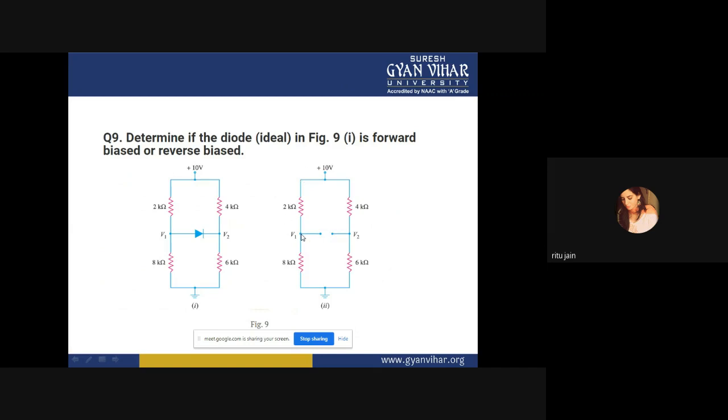First, you have to find out the voltage V1. At this branch, the total voltage is your 10 volt, so you can easily apply the voltage division rule. 8 into 10 divided by 2 plus 8 gives you the voltage V1.